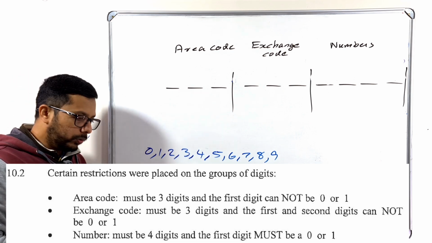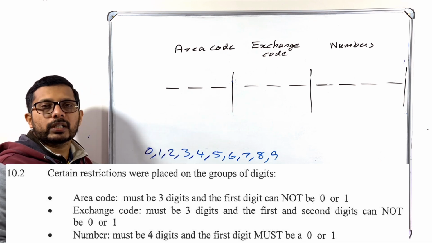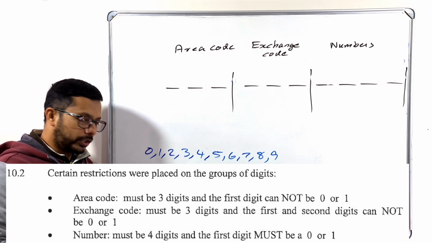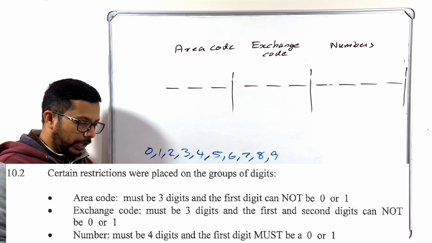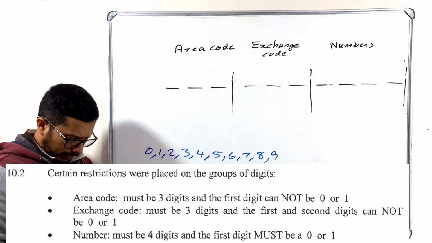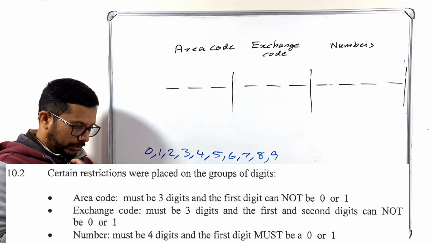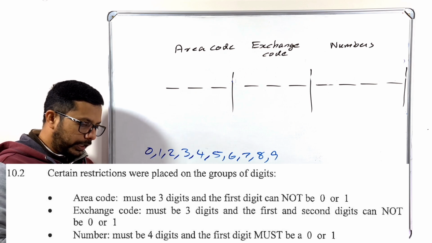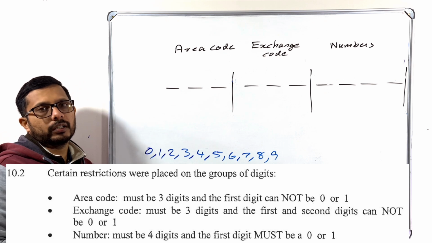Now look at this one. There are some restrictions going to apply now. So what is the first restriction? Area code must be 3 digits and the first digit cannot be 0 or 1.